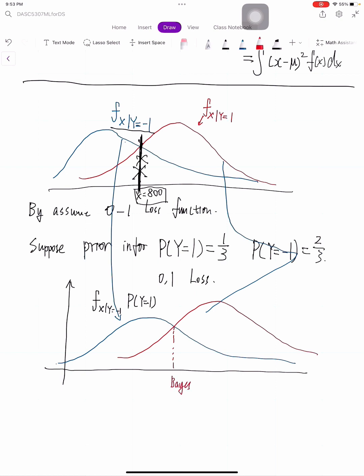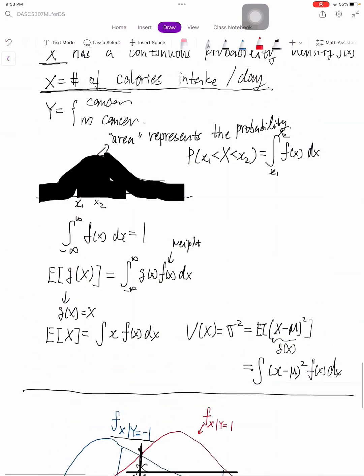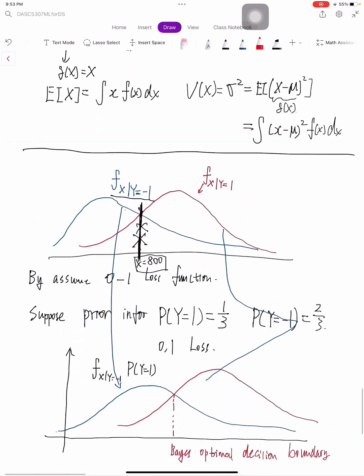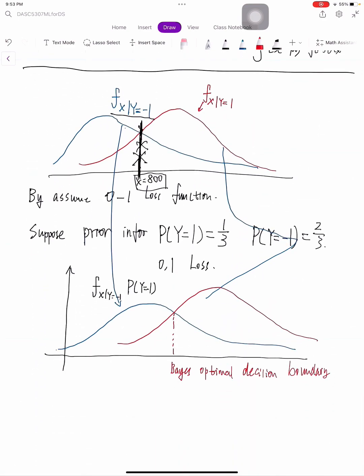Actually, the point where the posterior densities intersect is called the Bayes optimum decision boundary. In this case, recall this is symmetric, we have 0-1 loss, right? So we only need to compare the posterior probabilities. This posterior probability equals the data likelihood multiplied by the prior distribution, 2/3.